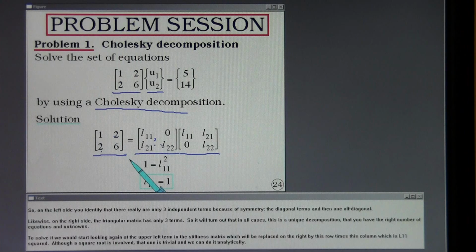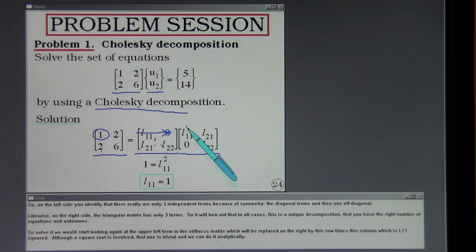To solve it, we would start looking again at the upper left term in the stiffness matrix, which will be replaced on the right by this row times this column, which is L11 squared. Although a square root is involved, that one is trivial and we can do it analytically.